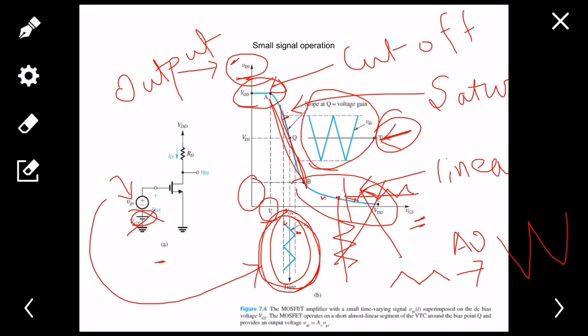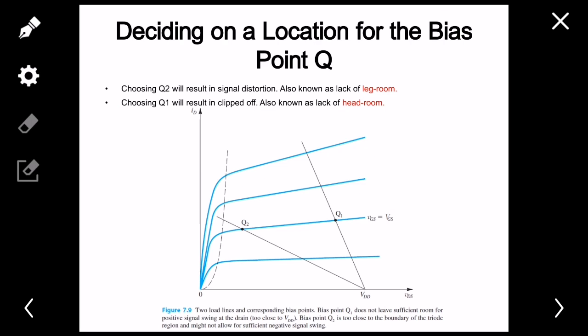Now let's move forward. Say this is your Q point, Q1. What will happen if you give an input signal of something like this again? As your positive voltage increases, you'll move towards this region.